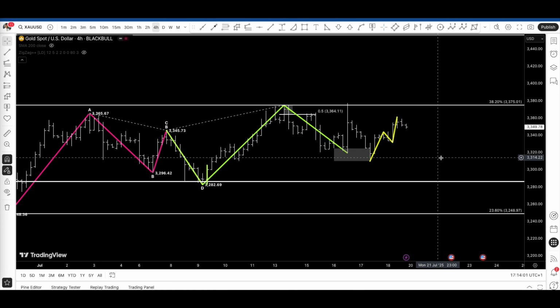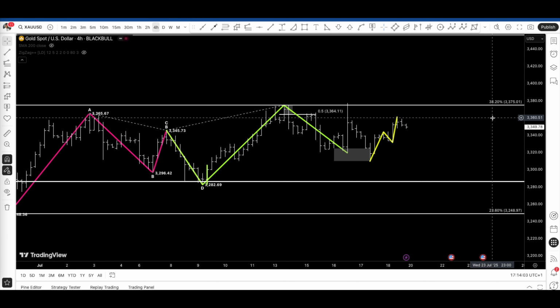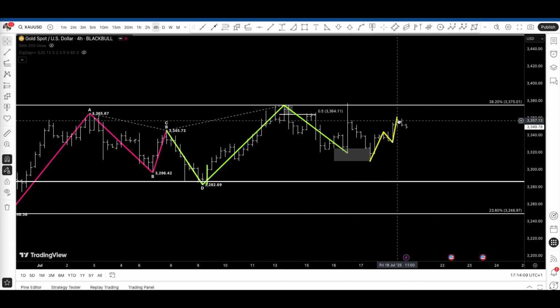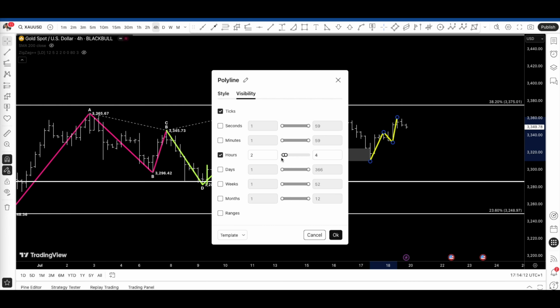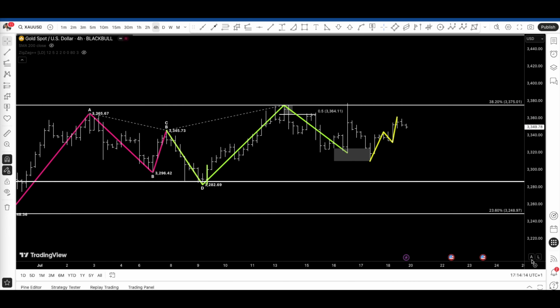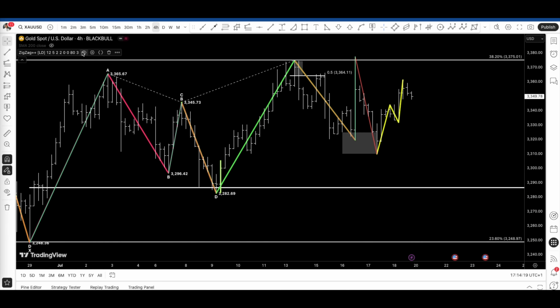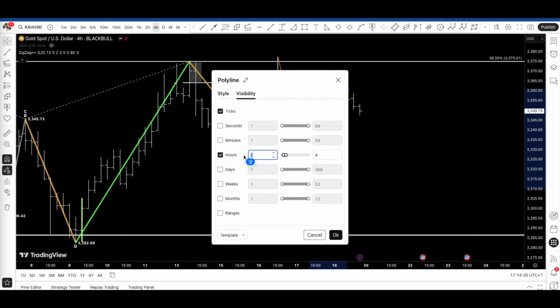So basically, bulls are above the 3,375 right now. That's one thing. The price needs to keep rolling up. Now, one thing that I have here, again, a zigzag. This will be in 2 hours because I already know.